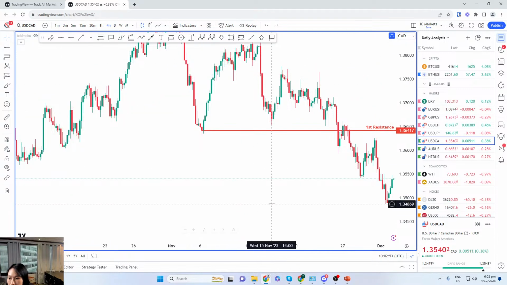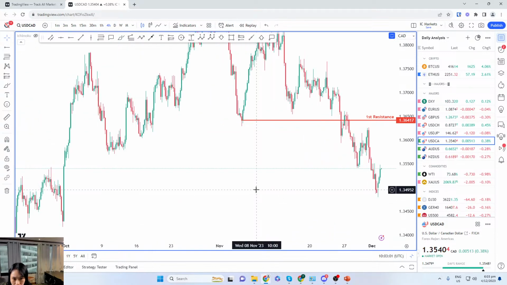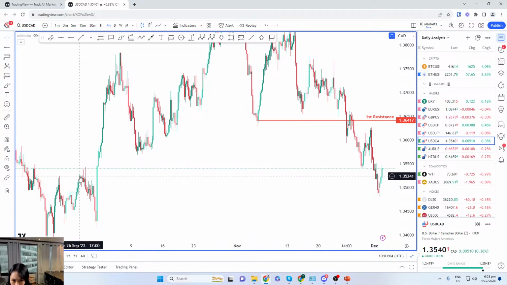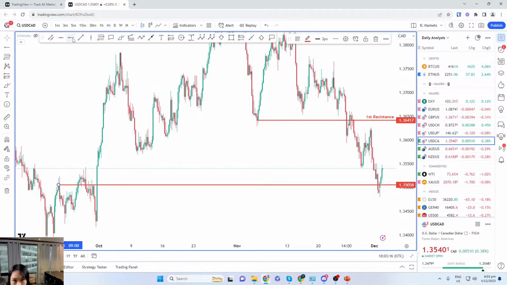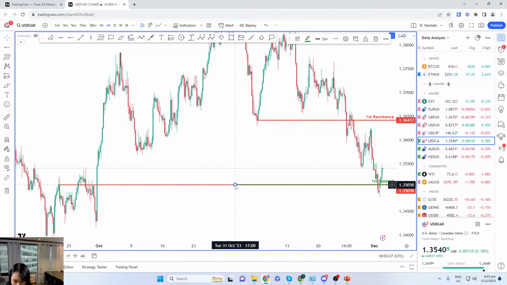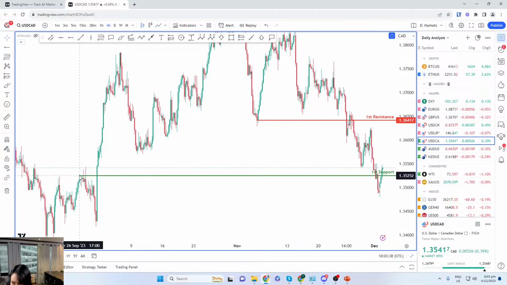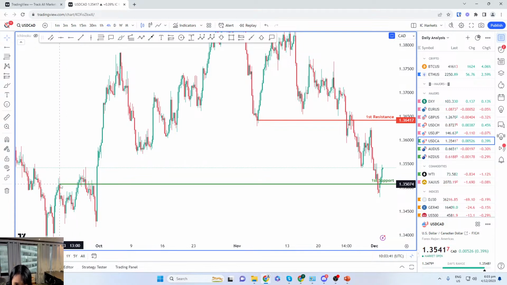Let's remove this clock. I'm going to use this as my first support line, the pullback level.